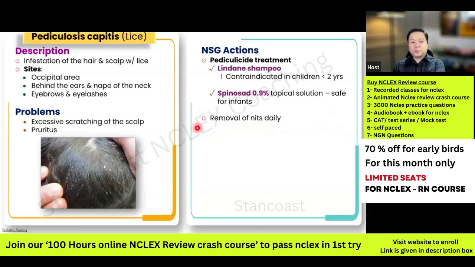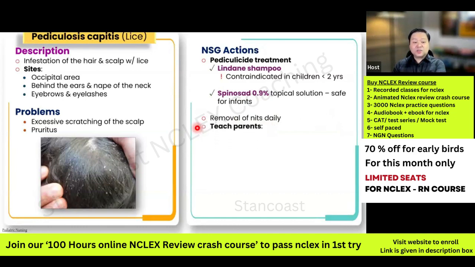And of course, the person, especially the nurse that will be doing this, will be wearing gloves, of course, with the gown, protective gown. The hair brushes would need to be discarded or soaked in boiling water for 10 minutes in order to prevent colonization or, let's say, infestation of those equipment.